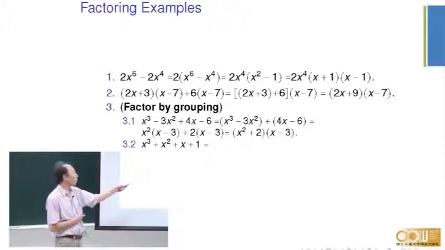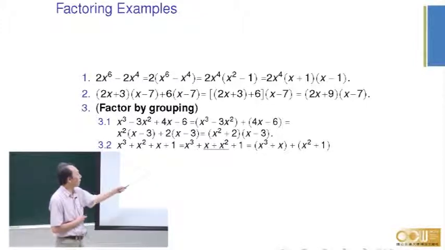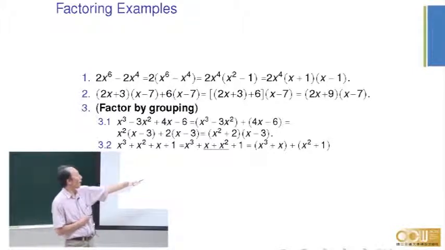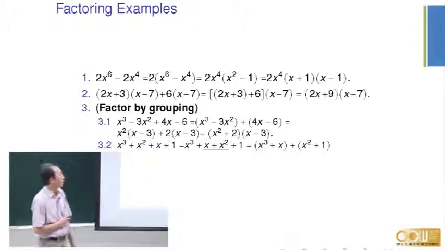First, I switch these two terms using the commutative property, which becomes x cubed plus x plus x squared plus 1. I'm using the underline to emphasize the difference from the original. Then we group the first two terms and the last two terms together by inserting pairs of parentheses.